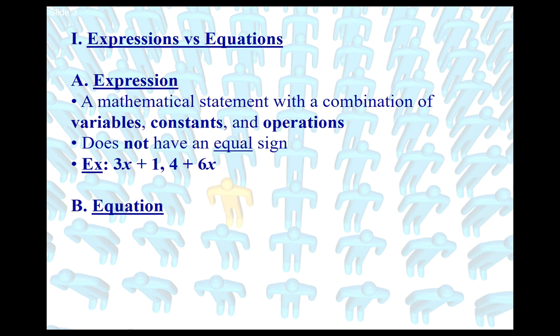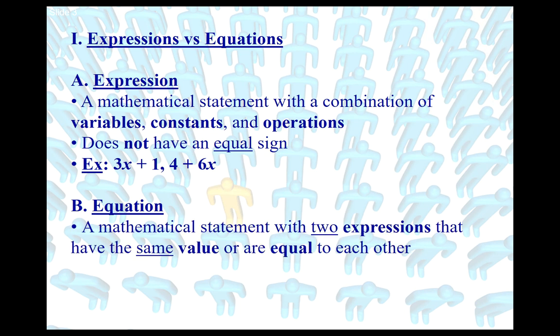An equation, on the other hand, we'll give a bit of a wordy definition first, then I'll identify the easiest way to distinguish the two. An equation is a mathematical statement with two expressions that have the same value or are equal to each other. Really, what we're looking for is the first four letters that spell out equation, EQUA.